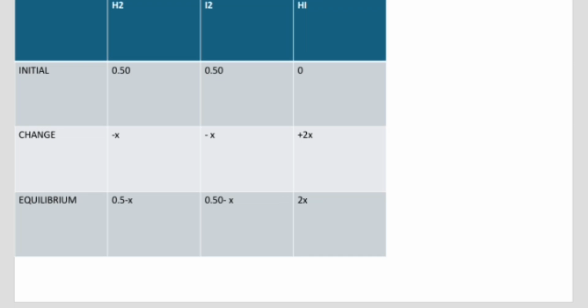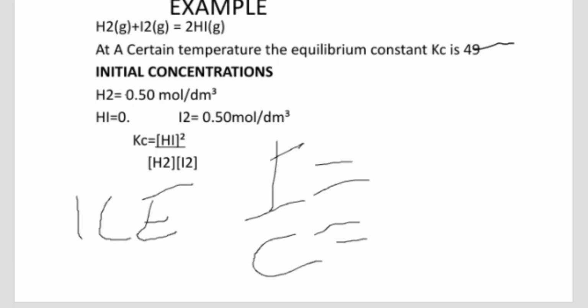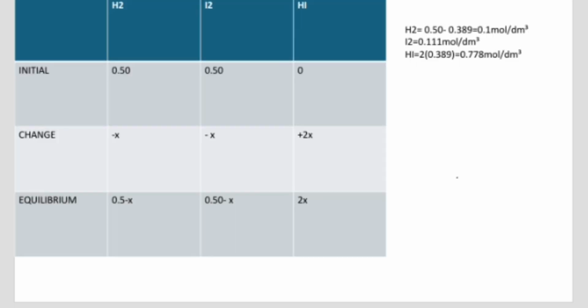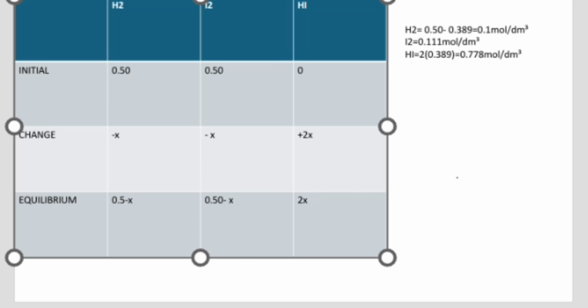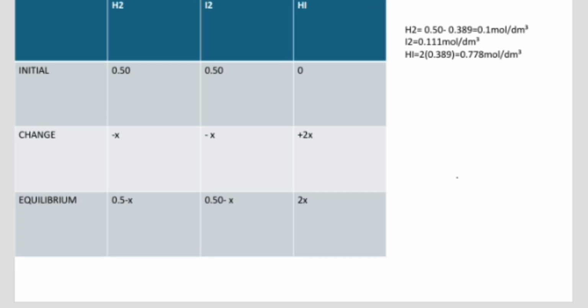At the end, our value of H2 at final concentration, and the same applies to I2, will be 0.11 mol per dm cubed. What about HI? For HI we just multiply: since it's 2x, we take 2 times the value of x. Those are our final concentrations for HI, H2 and I2.